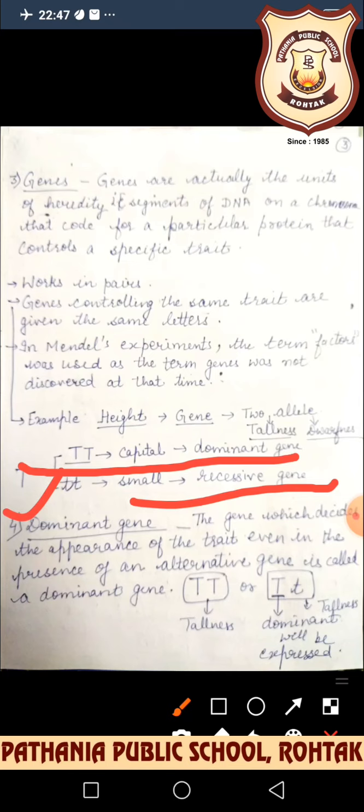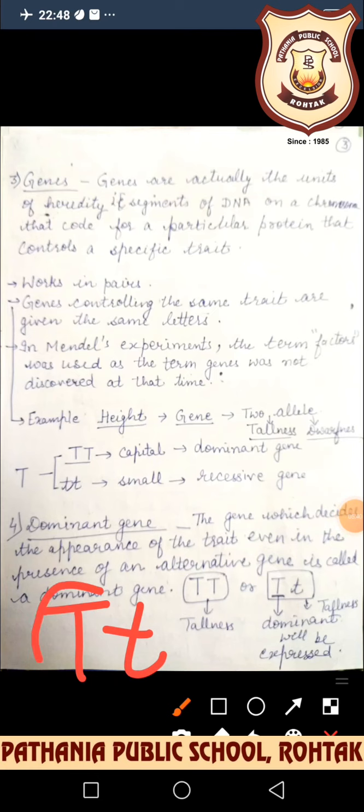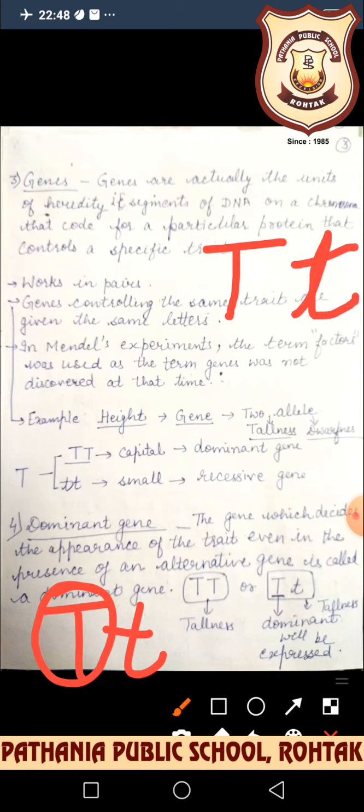As I told you, these genes work in pairs. So a gene which will present and express its character even in the presence of the alternate gene is called a dominant gene. The gene that codes for height has two forms, tallness and dwarfness. Tallness is denoted by capital T, dwarfness is denoted by small t.